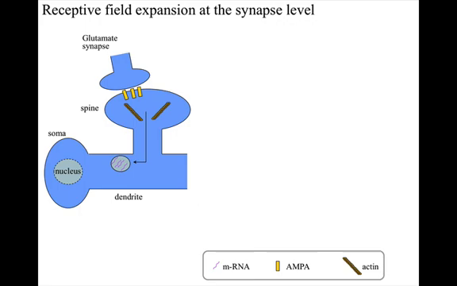Close to the base of the spine are ribosomes containing the messenger RNA that codes for AMPA molecules, and if activated, they'll synthesize more AMPA. Part of the chemical mechanism for increasing synaptic weight is that entering calcium ions trigger a cascade of chemical reactions that lead to activation of the mRNA coding for AMPA proteins. More AMPA molecules are synthesized, inserted into the neuron membrane, and diffused to the postsynaptic density, increasing the synaptic weight.